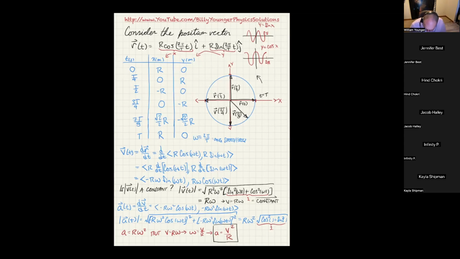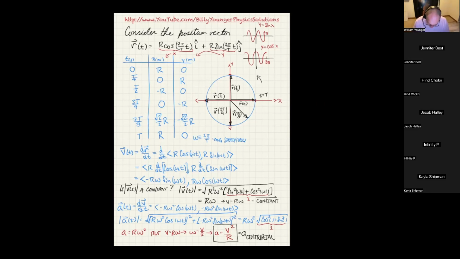This is called centripetal, so that's center seeking acceleration. Now notice the r omega squared has a negative in front of it when we took the derivative. So I have negative r omega squared cosine omega t. If you put the r with the cosine omega t, what you see is the x component is the exact same thing as the x component of r, except multiplied by negative omega squared.